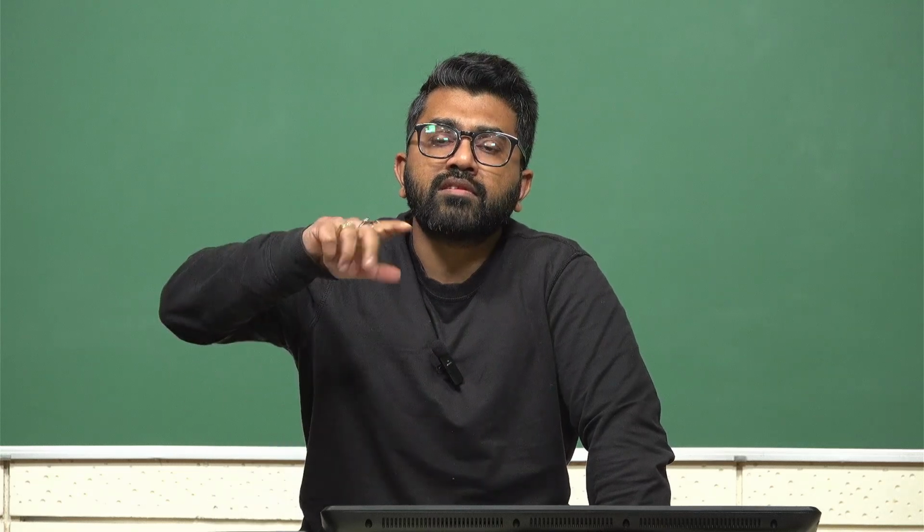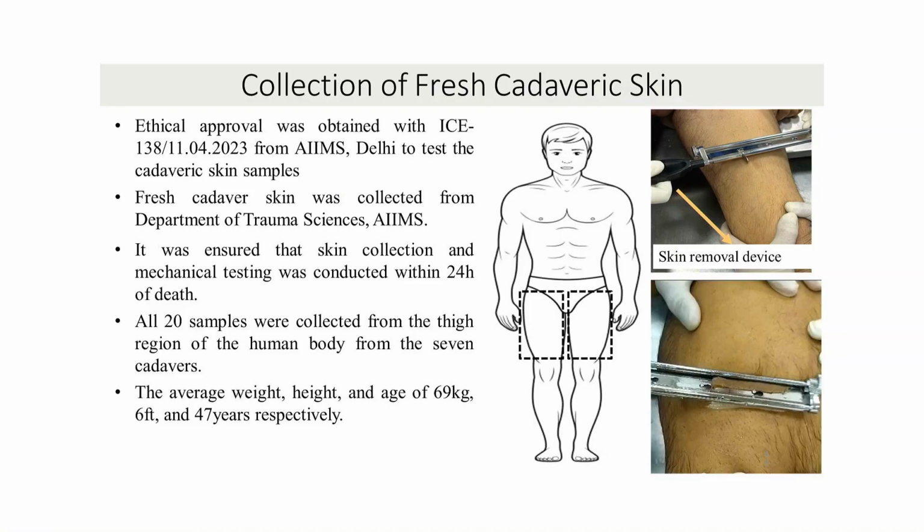So in order to gain further expansion, we started looking at different innovative designs, slit designs or cut perforation designs within the skin, which are known as metamaterial or auxetic based designs. In order to look at that, we did a fresh cadaveric skin study. Why did we study fresh cadaveric skin?